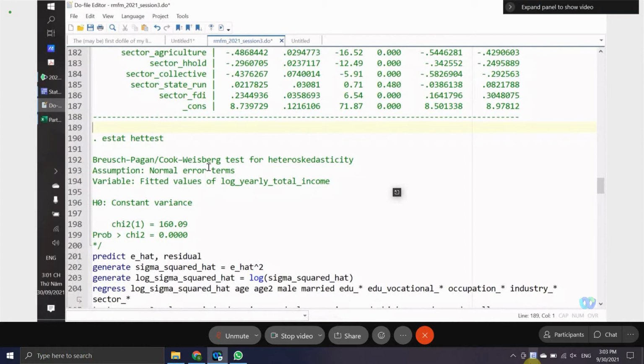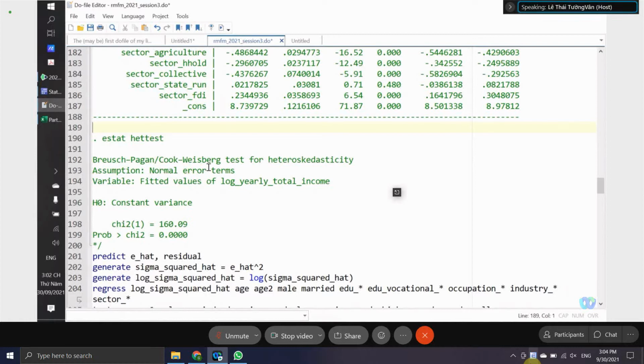Should we conclude that the variances are homoscedastic, or should we reject the null? I think we should reject the null.